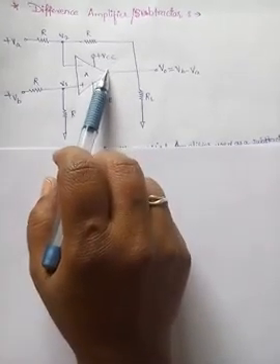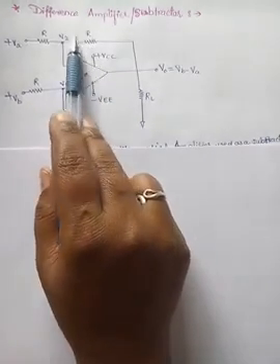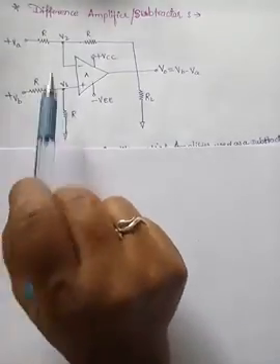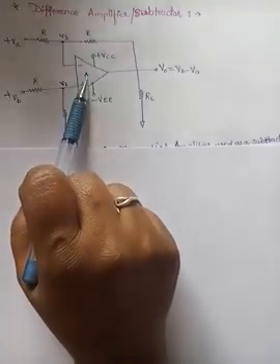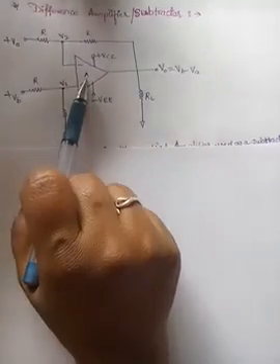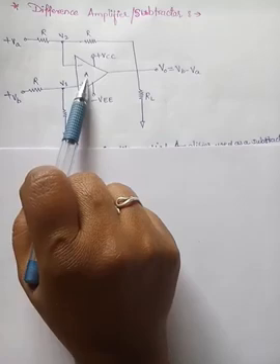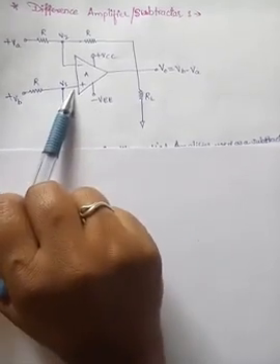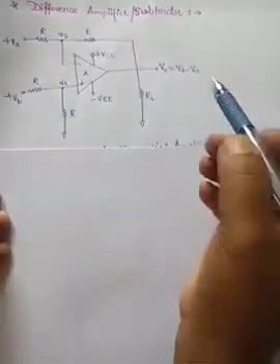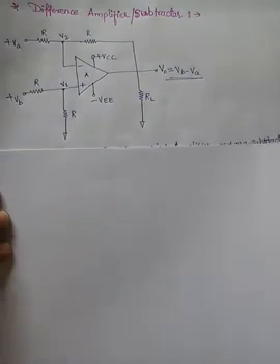In this circuit the values of resistors are selected such that they all have the same value R. To find out the output voltage of such a circuit, we can use the superposition theorem, as we already know. Now we want to write the output voltage, and that must be equal to VB minus VA. Let's start to derive this equation.